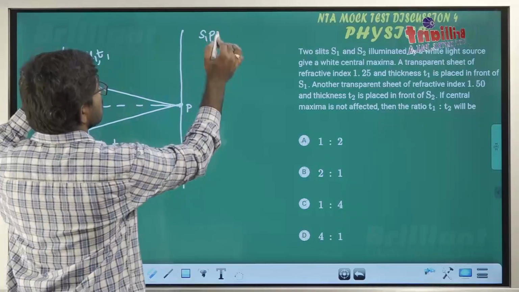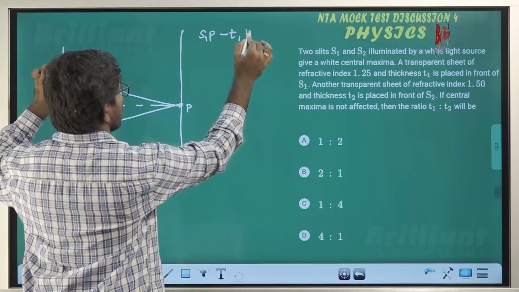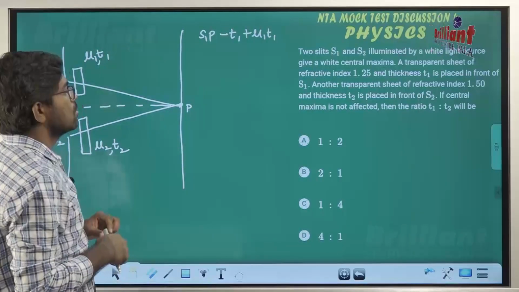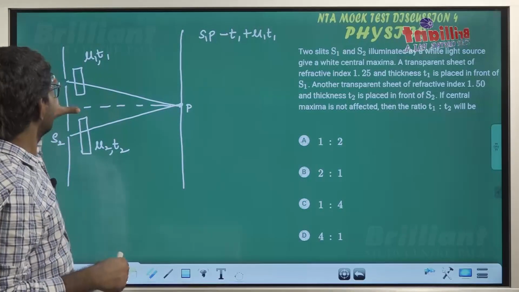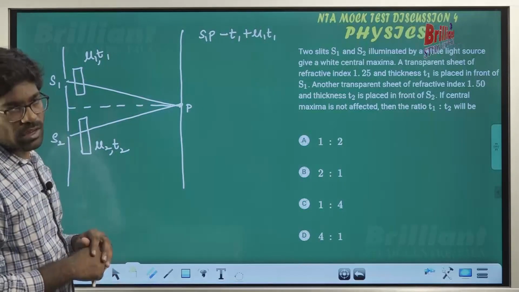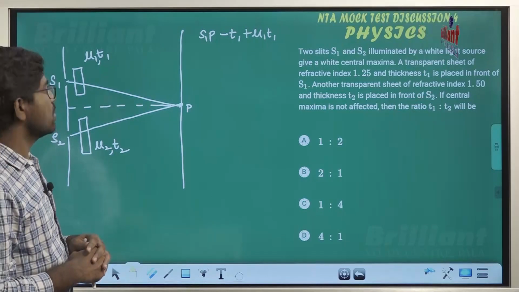So subtract this T1 first. It's actually traveling nu1 T1. So this is the total path length traveled by the first ray: S1P minus T1 plus nu1 T1.